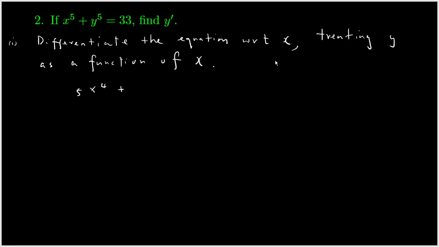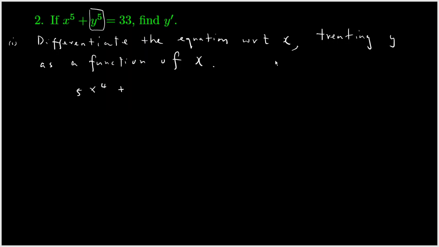Choose u to be y so that, okay, you look at the box, okay? To differentiate that term, choose u so that the term as a function of u is simple to differentiate. You just differentiate y to the power 5. But do not forget y is a function of x, right?